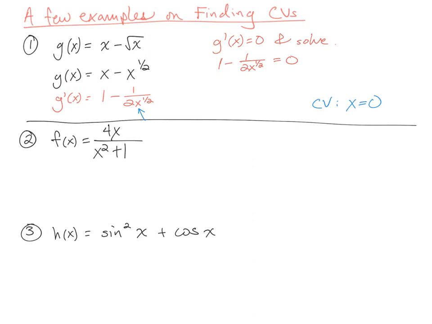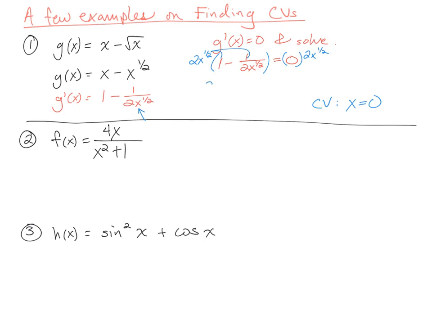Now the easiest thing to do here, in my opinion, is to get rid of the fraction. So I'm going to multiply by 2x to the 1/2, and that gets distributed over here.